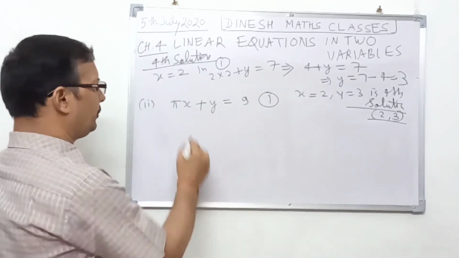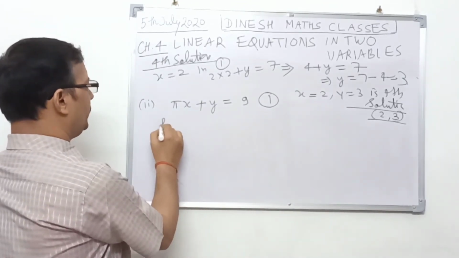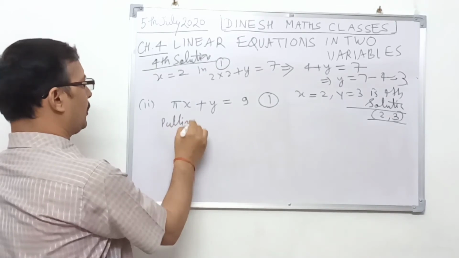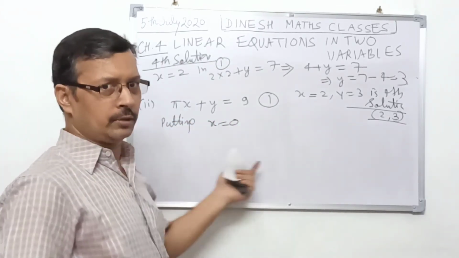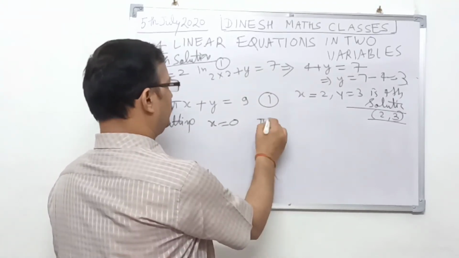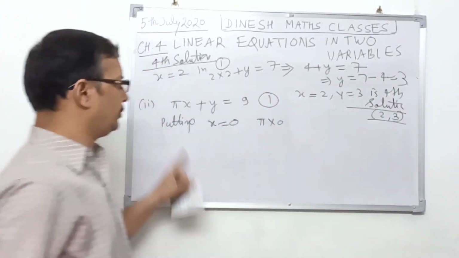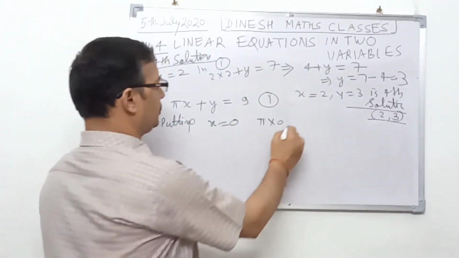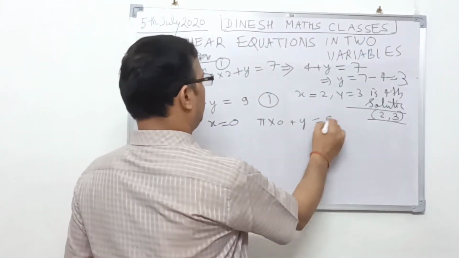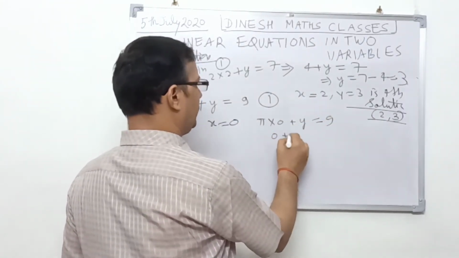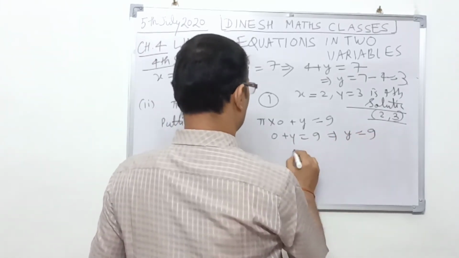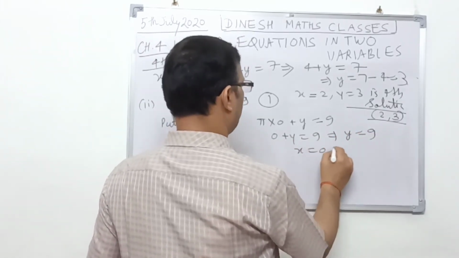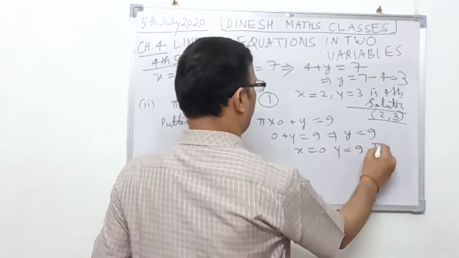In the same way as we have done in the first part, putting x equal to 0, because when you put x equal to 0, calculations become very easy. So pi into 0, no need to put the value of pi, but retain your answer in pi also. Pi into 0 is 0 plus y equal to 9, or y equal to 9. So x equal to 0, y equal to 9. This is the first solution.